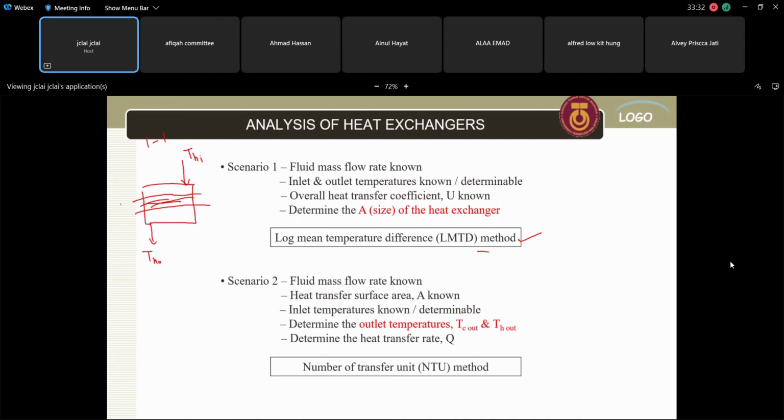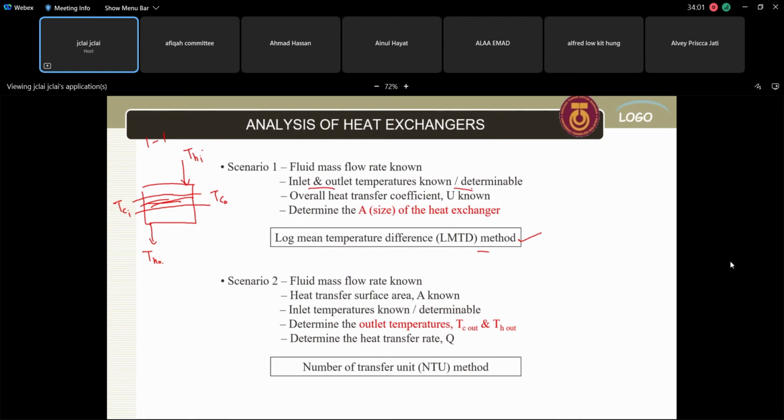Then here T cold, okay, the cold stream enters the heat exchanger with TCI and exits the heat exchanger with TCO, T cold out, right? So let's say all these temperatures, THI, THO, TCI, TCO are all available. Inlet and outlet temperatures are all available.